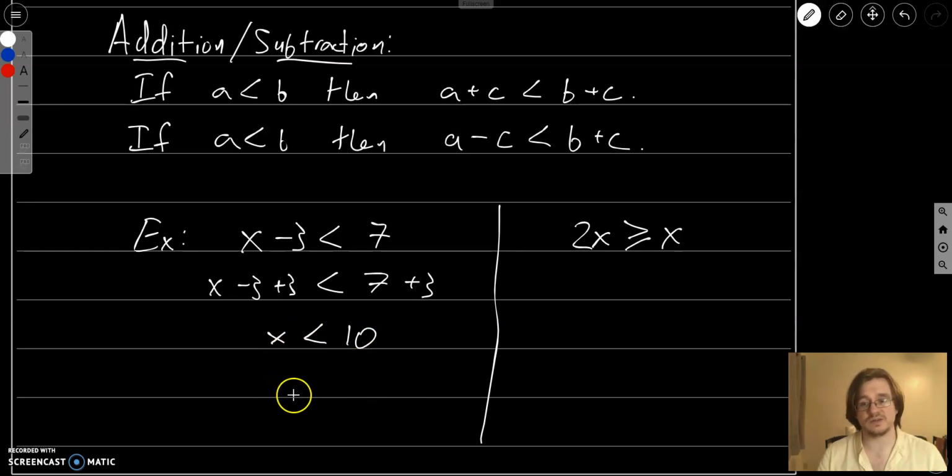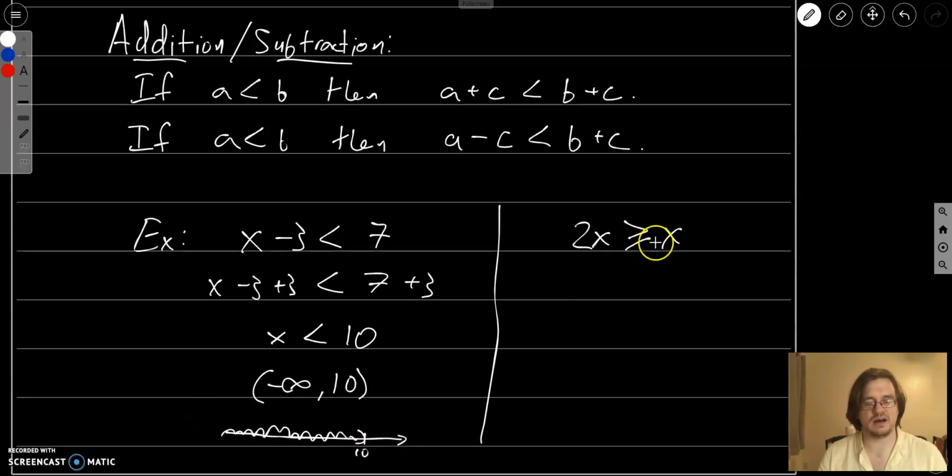So again, in the interval notation, if I want to say every number less than 10, I'll take 10, and I'm going to go down less than that. And again, I'm not including 10, so it will be a parenthesis here. Again, in picture form, we've got 10 here, and this will be everything to the left of 10.